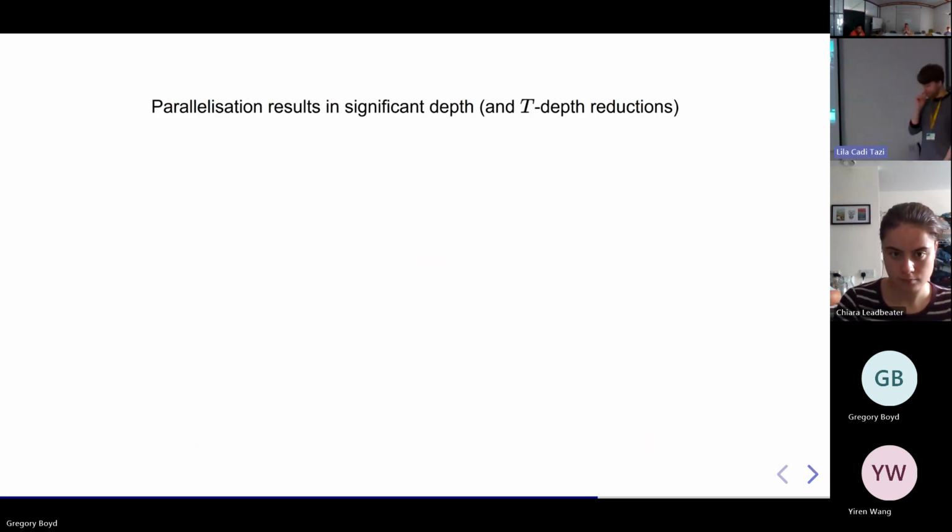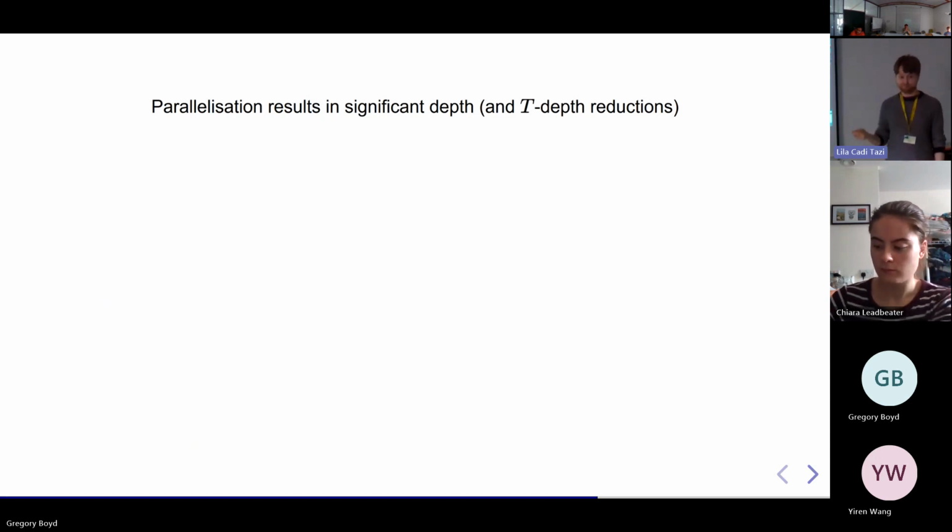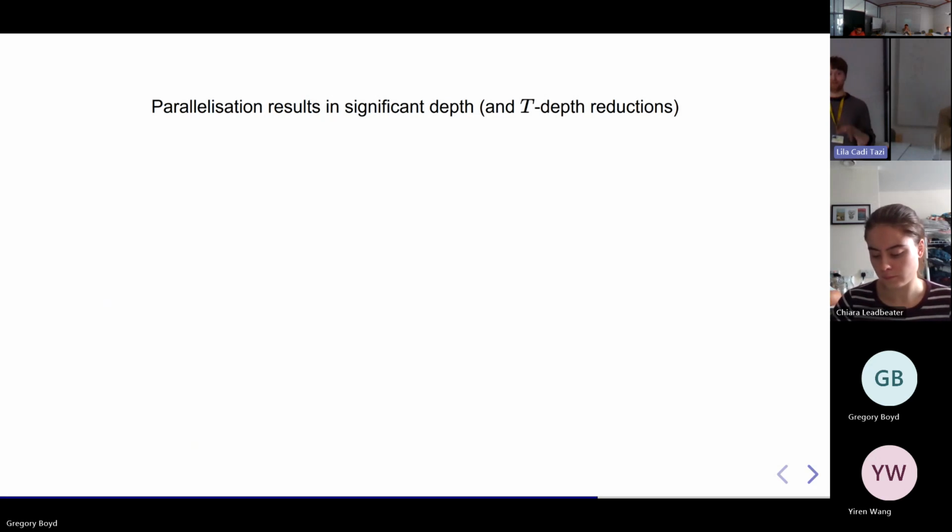Okay. So parallelization can result in significant depth and T depth reductions. But if we now think about this kind of scheme at a fault-tolerant architecture level, where I'm actually trying to run this on a quantum computer, I've reduced the T depth, that's great, but I've not changed the T count. So that means the rate at which I use up T states has greatly increased, and I need more magic state factories to compensate in order to keep the speed.